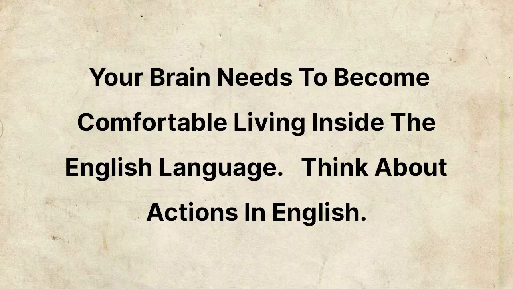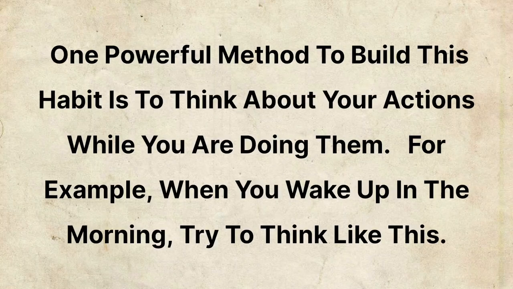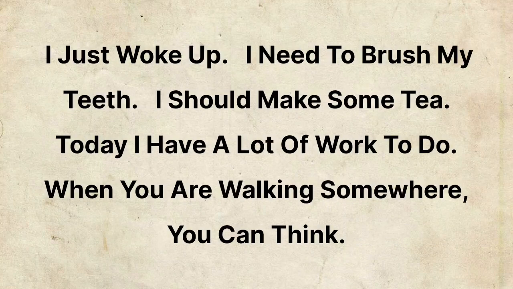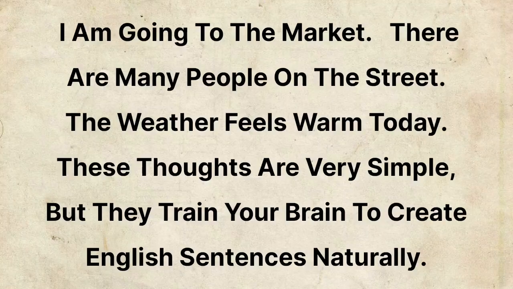Think about actions in English. One powerful method to build this habit is to think about your actions while you are doing them. For example, when you wake up in the morning, try to think like this: I just woke up. I need to brush my teeth. I should make some tea. Today I have a lot of work to do. When you are walking somewhere, you can think, I am going to the market.